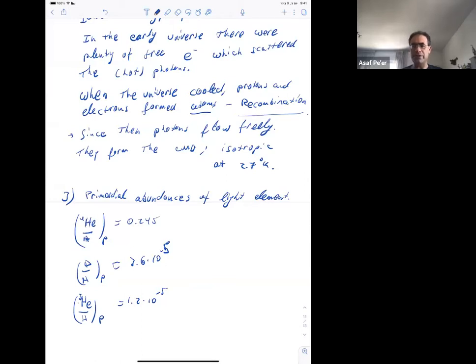Most of them produce hydrogen, but some produce helium, some deuterium, some helium-3, some lithium, and these abundances are something which we can measure. And the rate of processes which form the heavier elements, this happens in stars, and this is something which we can pretty much understand as well.